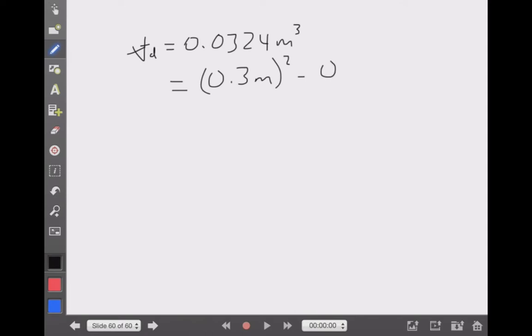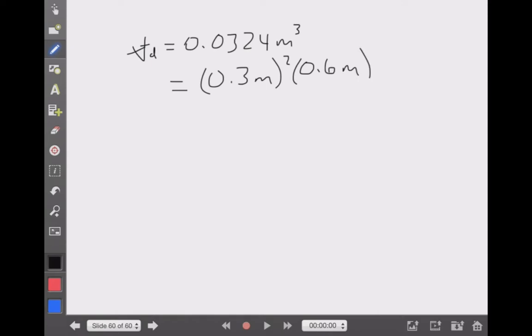The book just kind of throws this out, that the volume of the displaced fluid, which we just calculated to be 0.324 meter cubed, they calculate that to be the original volume of 0.3 meters squared minus, times 0.6 meters.